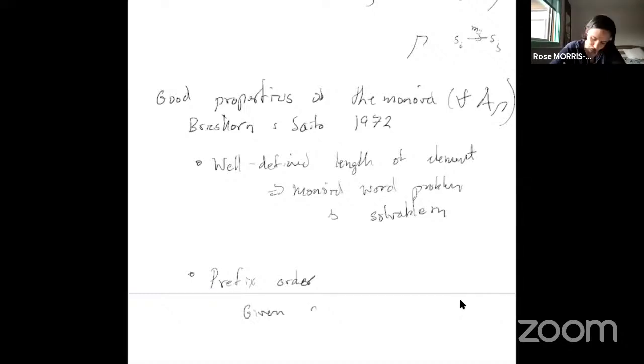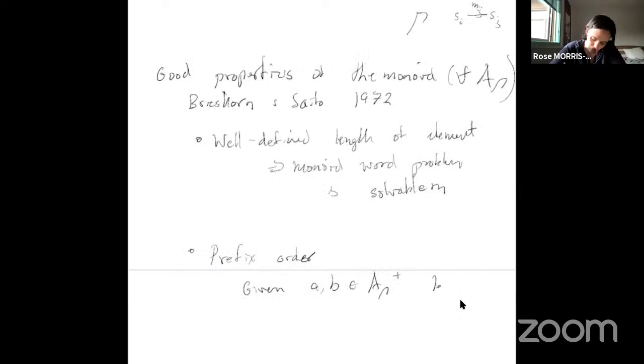So given a and b in my monoid, I'm going to let a be less than or equal to b if a is a prefix of b, so if there exists some c in my monoid such that a times c is equal to b.